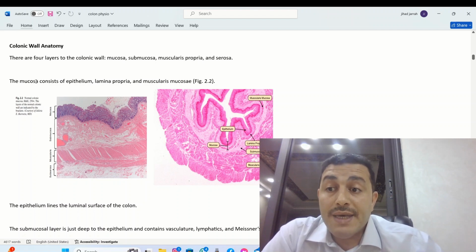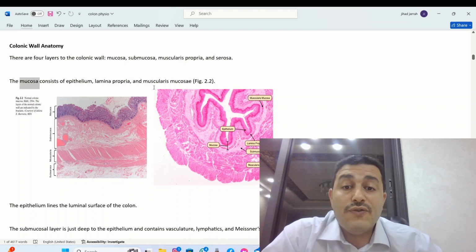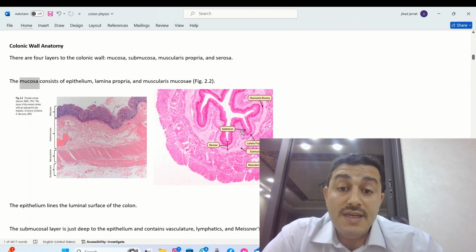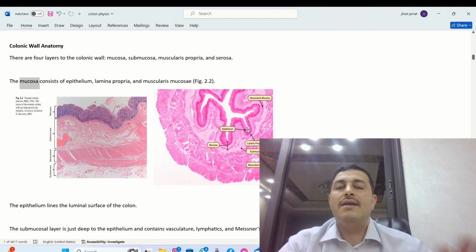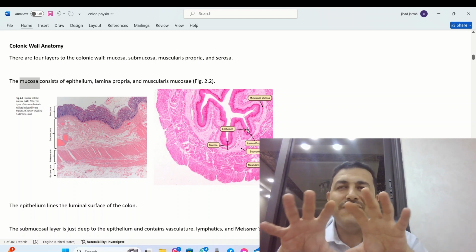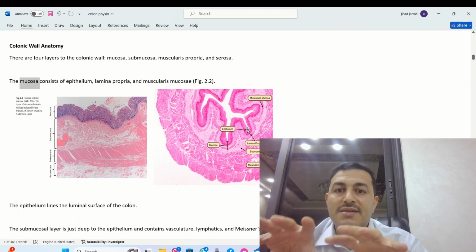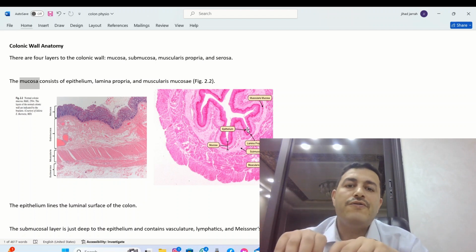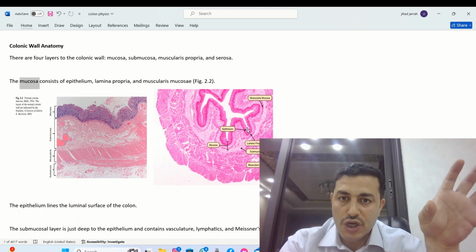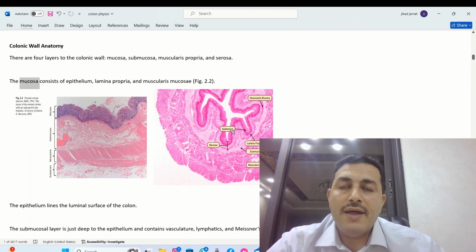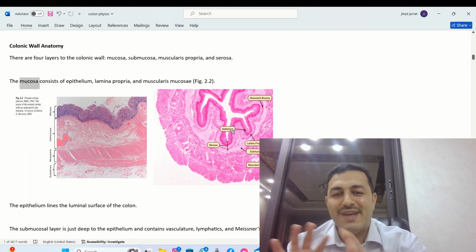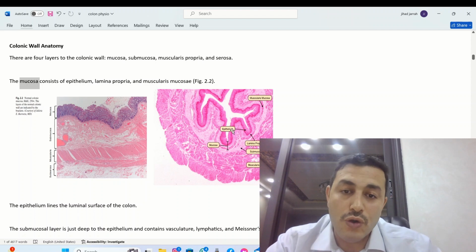Okay, the mucosa itself consists of 3 parts. These are the epithelium, and we will talk about the epithelial cell because there are some differences in the epithelial cells in the colon from the other GI tract. We will review that, as it correlates with the function of the colon.